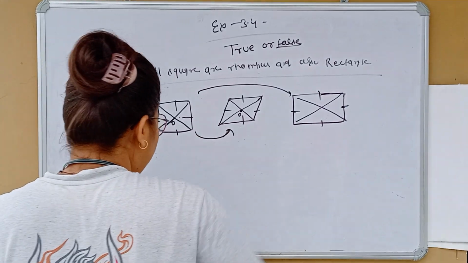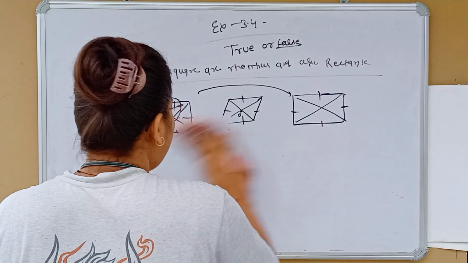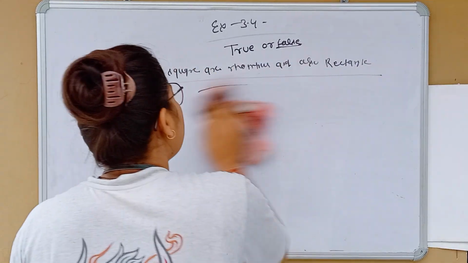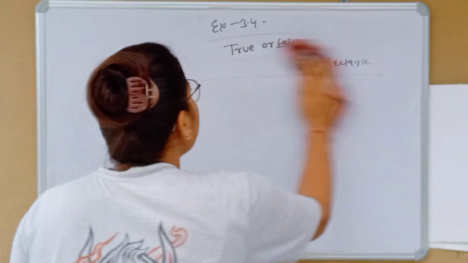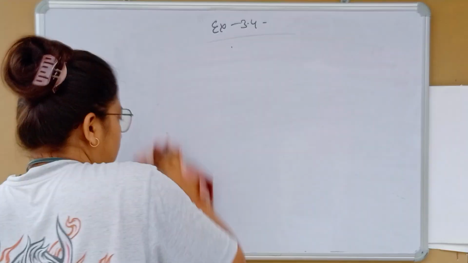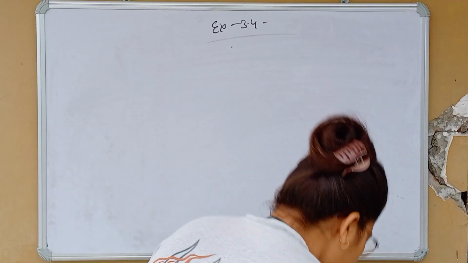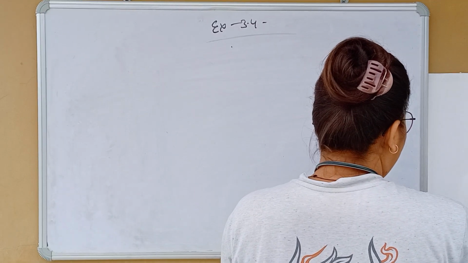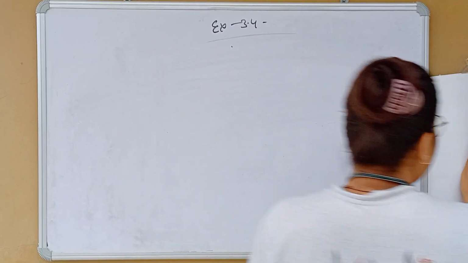Eighth class student. So now we discuss 3.4, the next question. Next question, what does it say? Just wait.